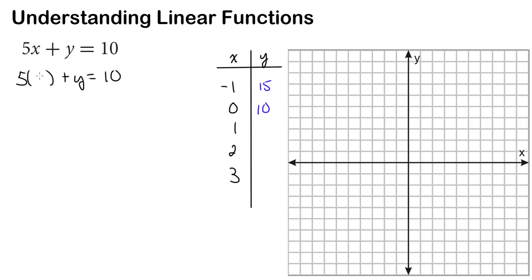When x is 1, we have 5 times 1 is 5, plus y equals 10. And so this time I have to subtract 5 from both sides, and I get y equals +5. When x is 2, 5 times 2 is 10, plus y equals 10, and when I subtract 10 from both sides, I get y equals 0.